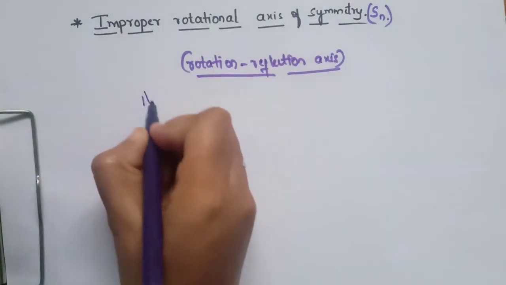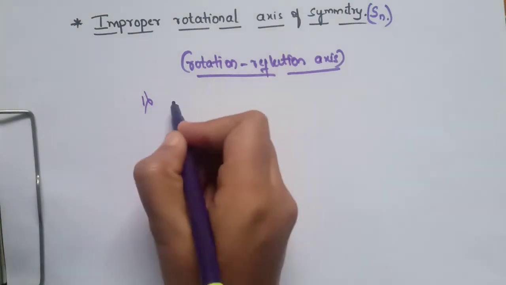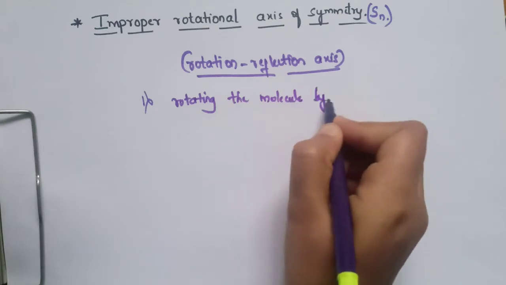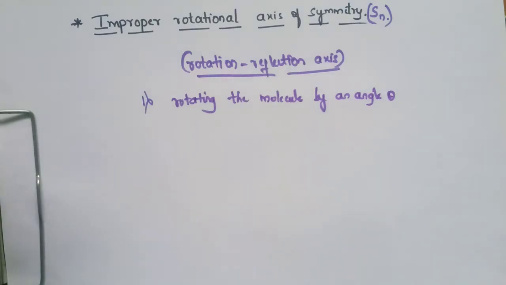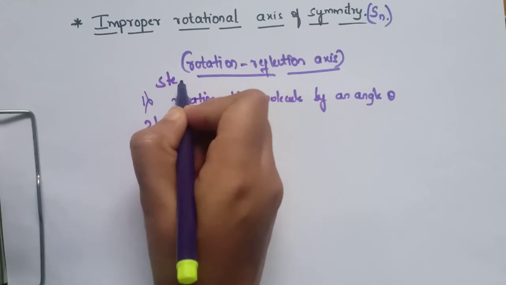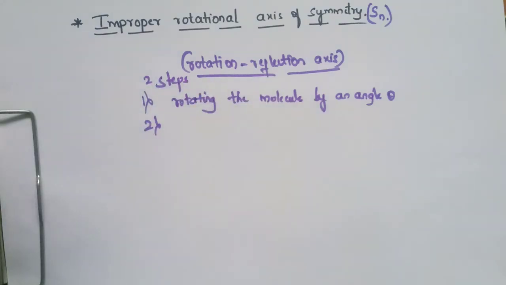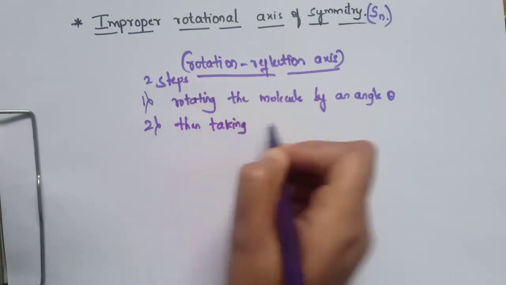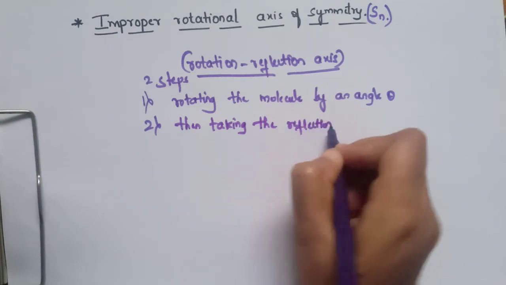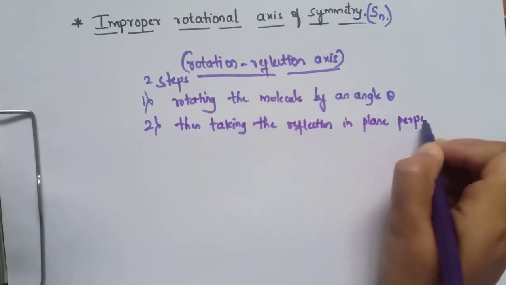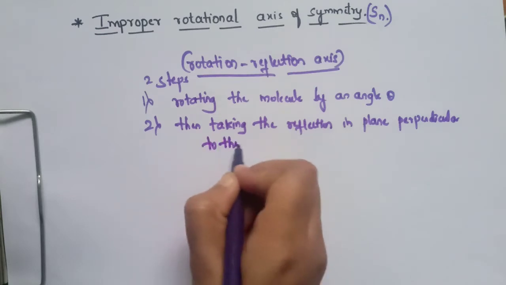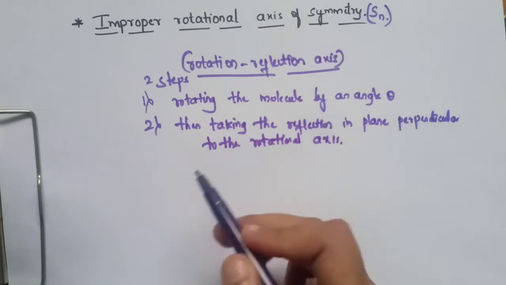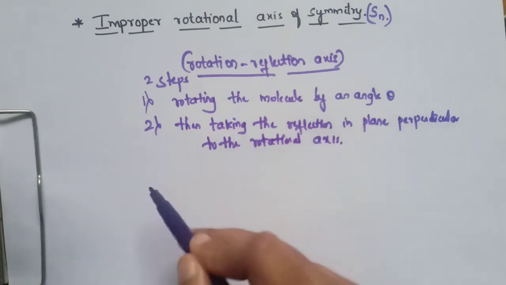The first step is rotating the molecule by an angle theta, and the second step is then taking the reflection in a plane perpendicular to the rotational axis.